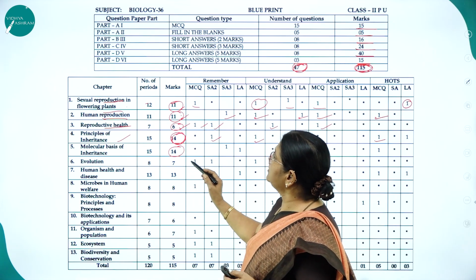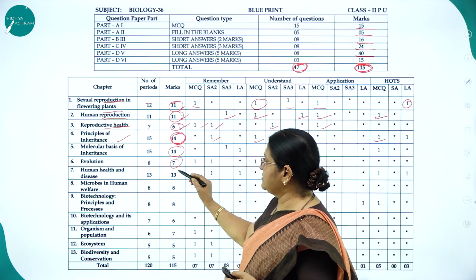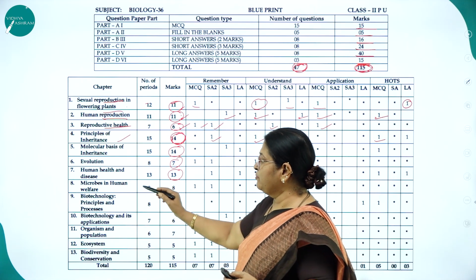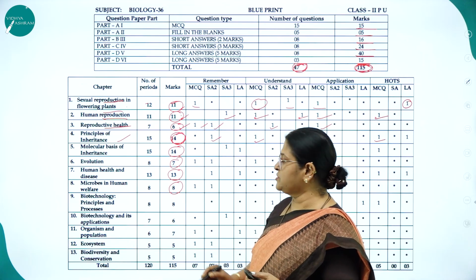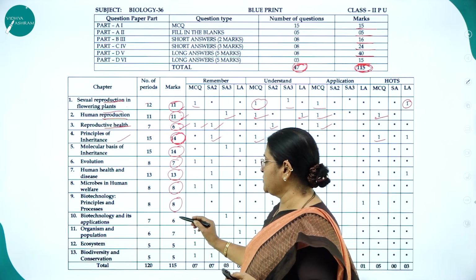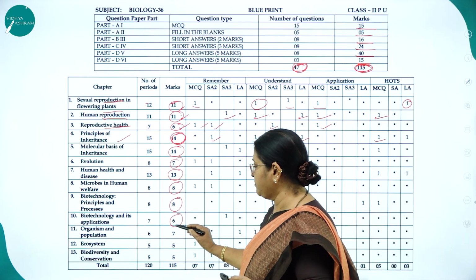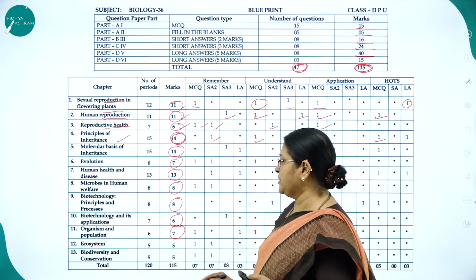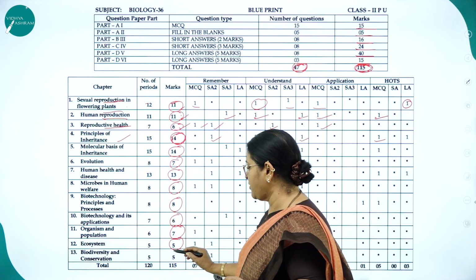So evolution 7 marks, then human health and disease 13 marks, then microbes in human welfare 8 marks, biotechnology principles and processes 8 marks, biotechnology and its applications 6 marks, then organism and population 7 marks, then ecosystem 5 marks, and biodiversity and conservation 5 marks.